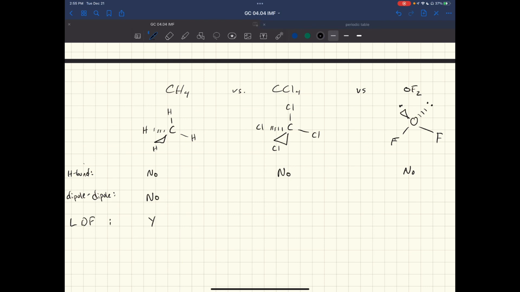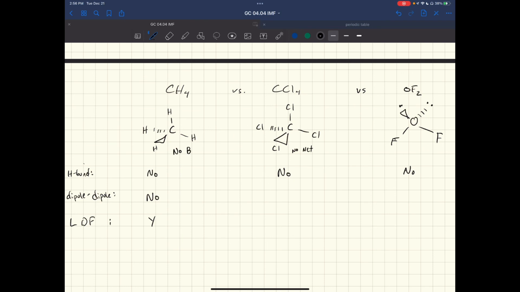So CH4 is London dispersion forces only. Okay? Then we go to CCl4. Are there bond dipoles? Why, yes. They all point outwards. And in a tetrahedral geometry, all the bases are symmetrical. So the bond dipoles are all going to cancel out. So there's going to be no net dipole.